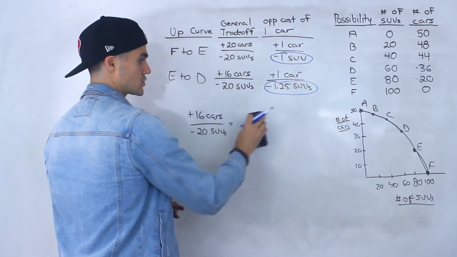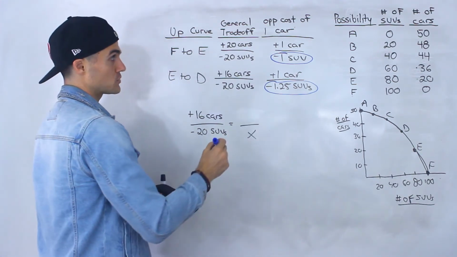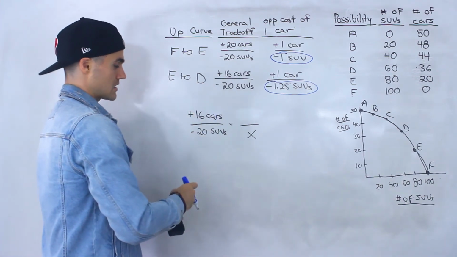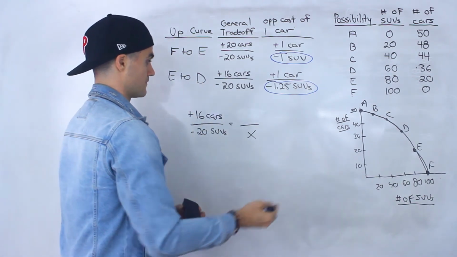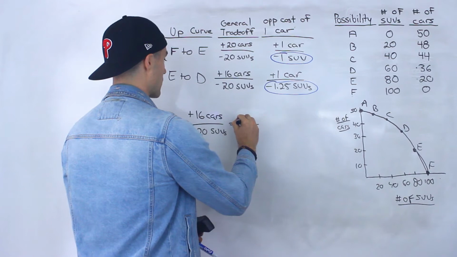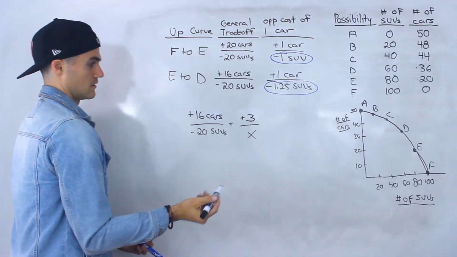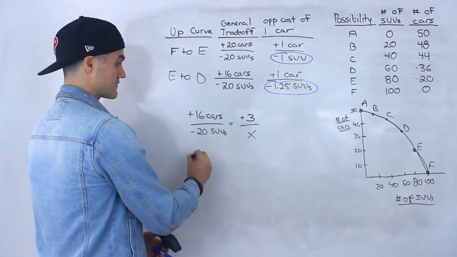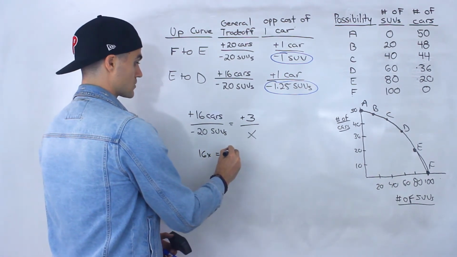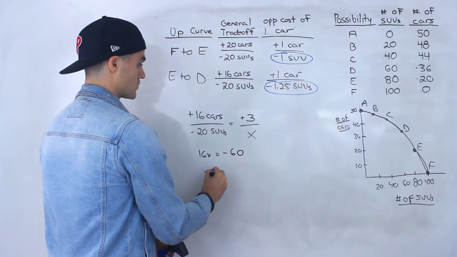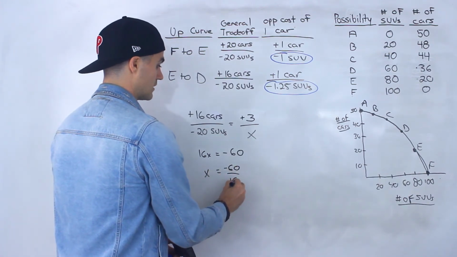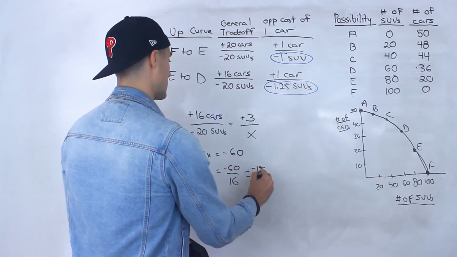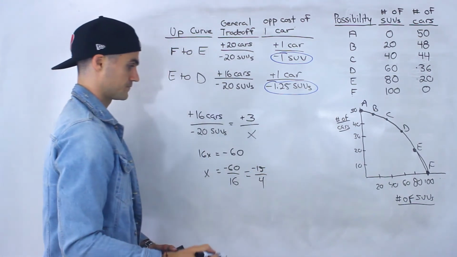And some multiple choice questions won't be asking for the opportunity cost of one car. They'll say, from point E to D, what's the opportunity cost of, let's say, 3 cars? And then you have to solve for this x value here. So then you would have 16x equals negative 60. So x would be negative 60 over 16. Simplifying this, we would get negative 15 over 4.